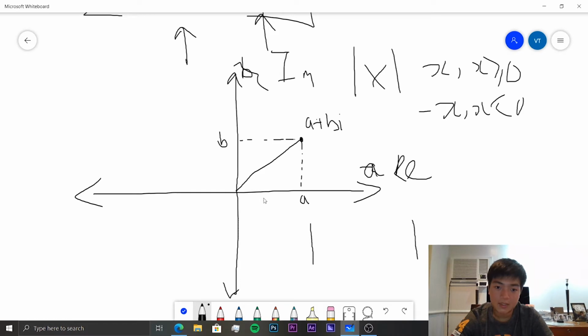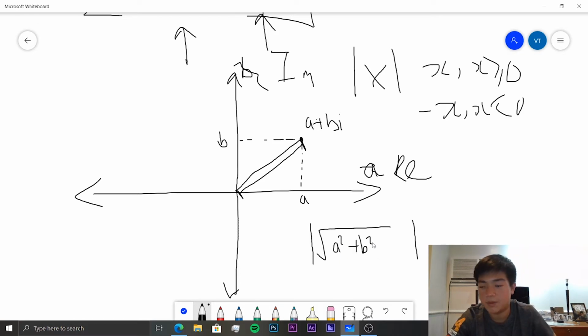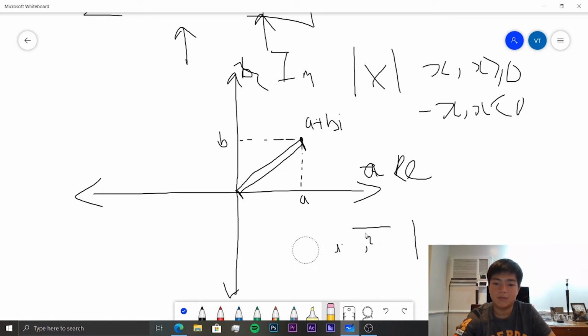So the absolute value of a complex number would be the distance from the origin to it, just as the absolute value of a real number is equal to the distance from it to the origin as well. So this would be equal to the square root of the real part squared, a squared, plus the imaginary part squared, b squared, all square root. So the modulus of a complex number is always a positive real number, just like the modulus of a real number is always a positive real number aside from 0.